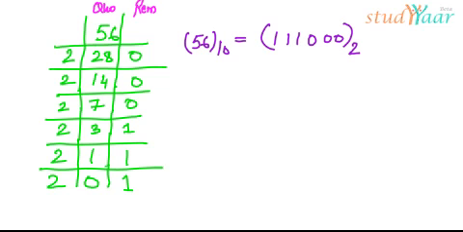So I have my number as 111000. This is my binary number. I'm going to write the indices: 0, 1, 2, 3, 4, 5. So my equivalent decimal value is going to be something like this: 0 into 2 raised to 0.